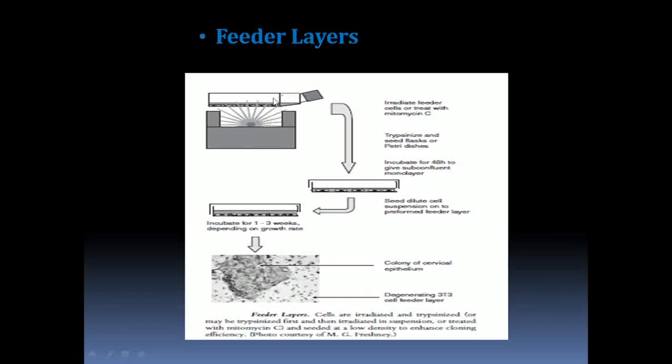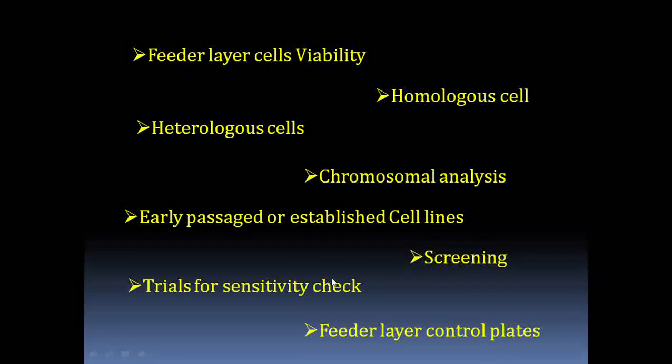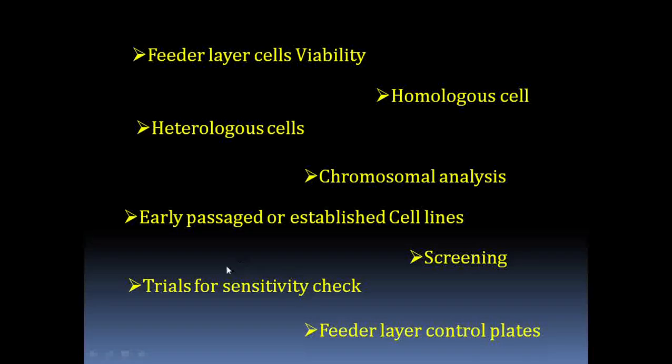So we must check how sensitive they are to the treatment we give to make them act as a feeder layer. One trial attempt should be made before going for cloning with that feeder layer.